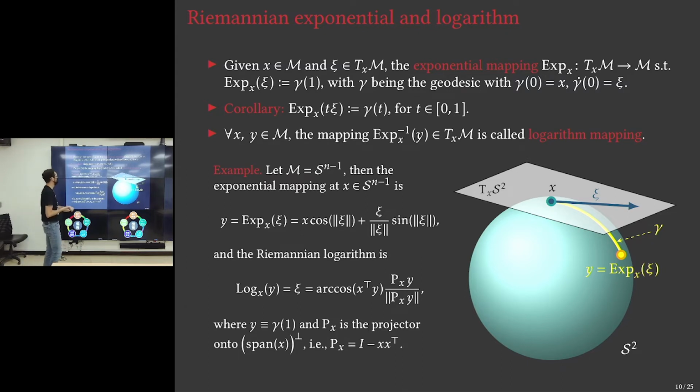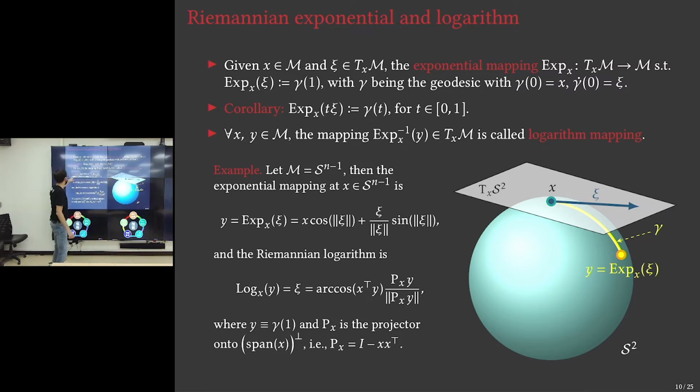Given a point x on the manifold and a tangent vector psi in the tangent space at that point, the exponential mapping exp at x goes from the tangent space to the manifold, and it maps this tangent vector psi to gamma 1, with gamma being the geodesic emanating from this point in the direction of psi. So it is this point.